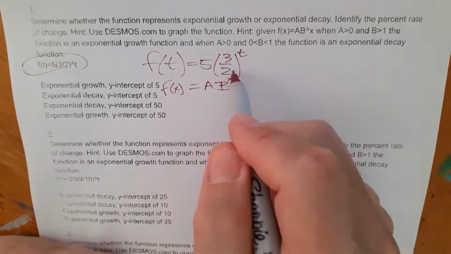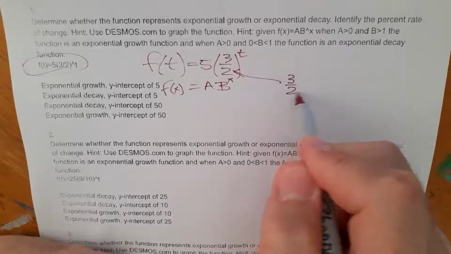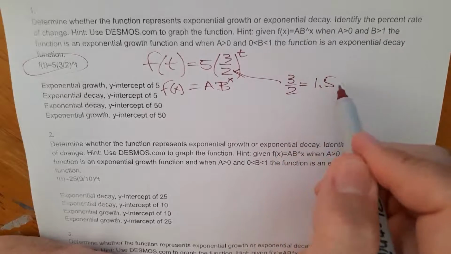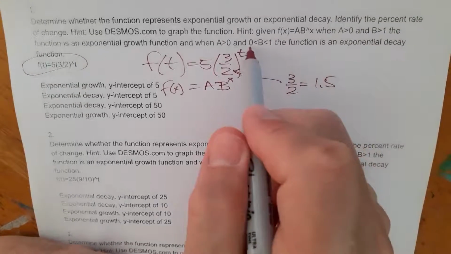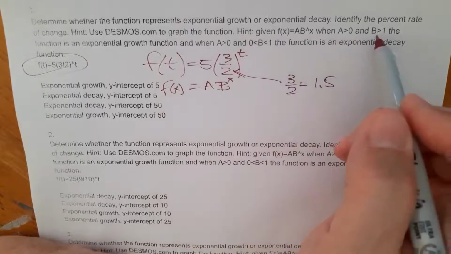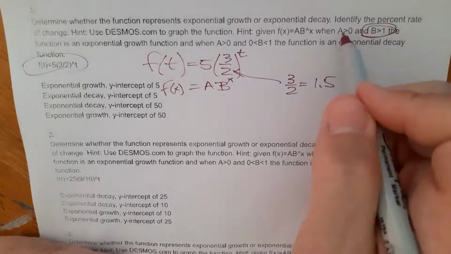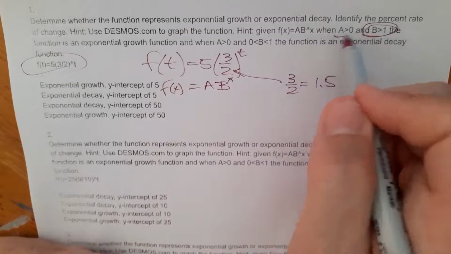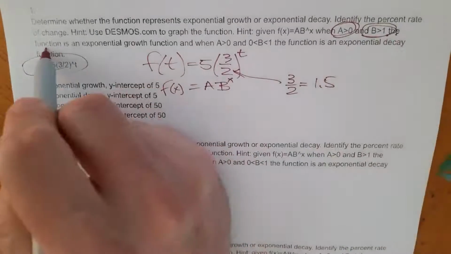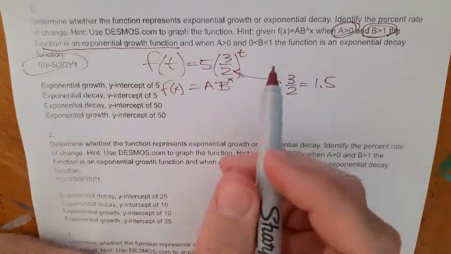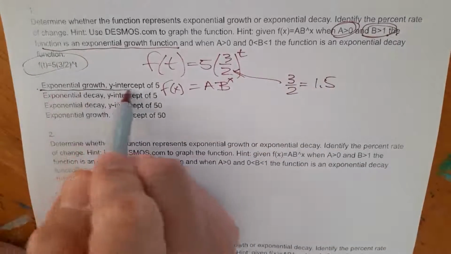Right here, b is 3 halves, which is 1.5. I keep saying that, but b is greater than 1 here at 1.5, and a here is 5, so it's greater than 0. Those two conditions apply. This is an exponential growth function.